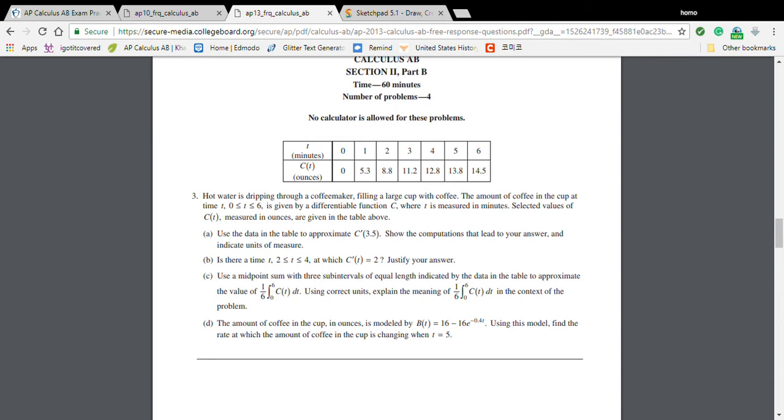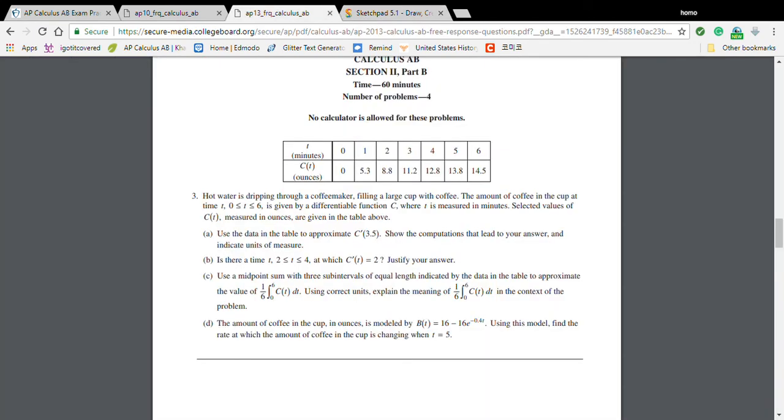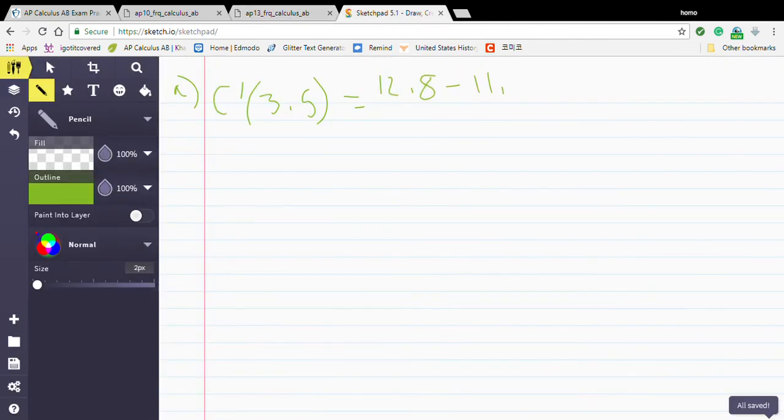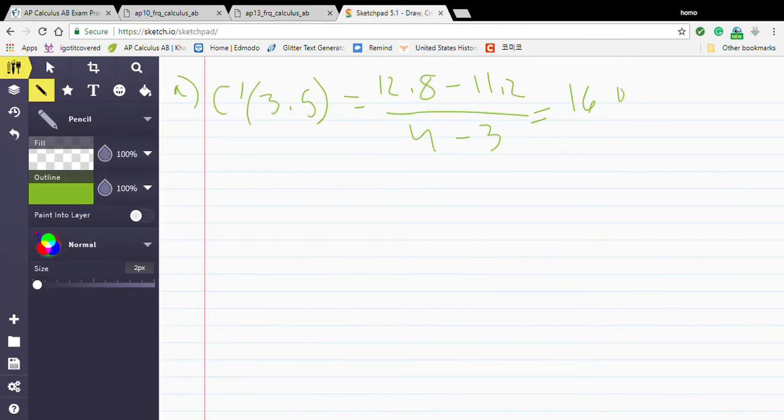At 4 is 12.8, and at 3 is 11.2, over 4 minus 3, and then we end up with 1.6. But now that we're taking a rate, don't forget the units. It's ounces per minute. So that's the answer for A.